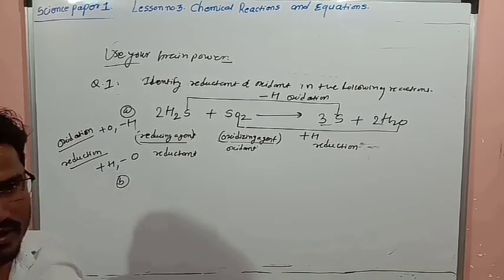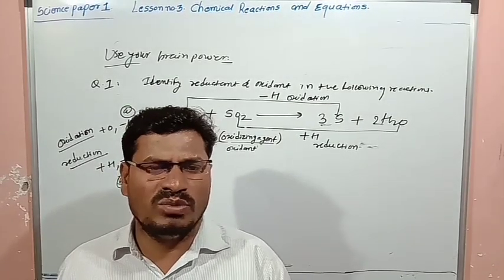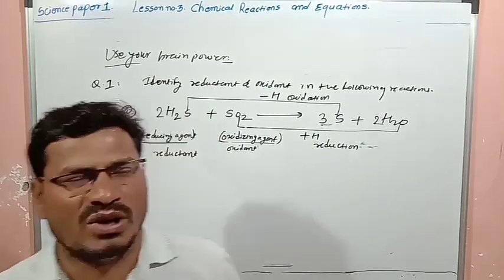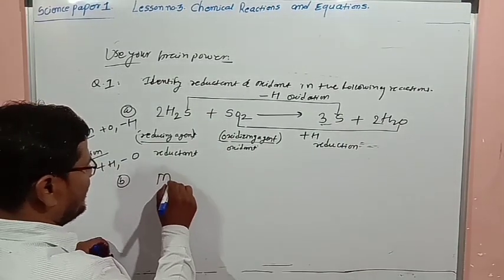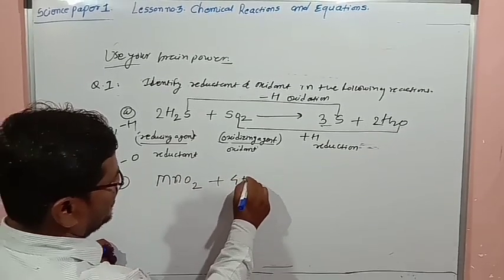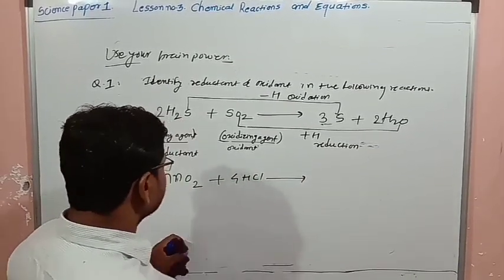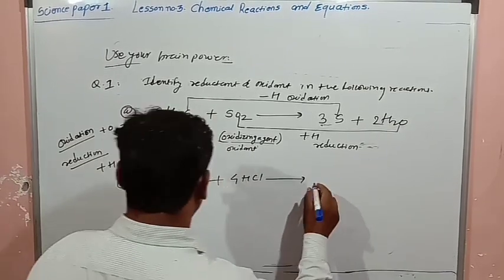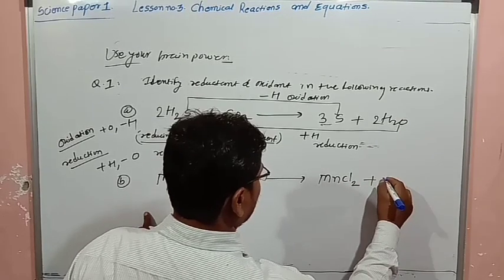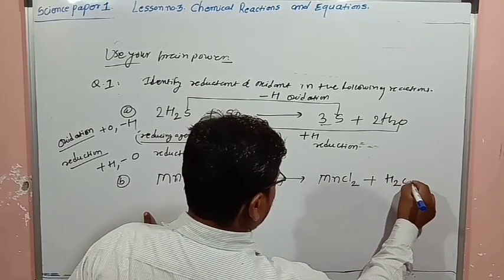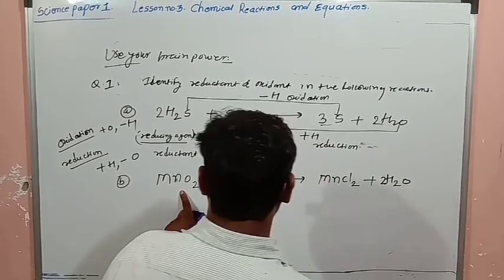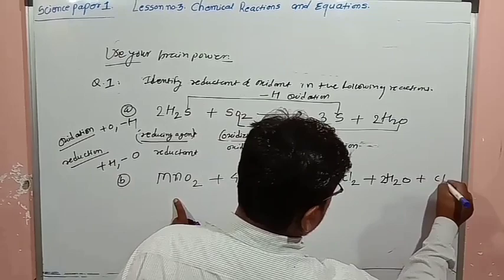The second reaction is MnO2 plus 4HCl, it gives MnCl2 plus 2H2O plus Cl2 gas.